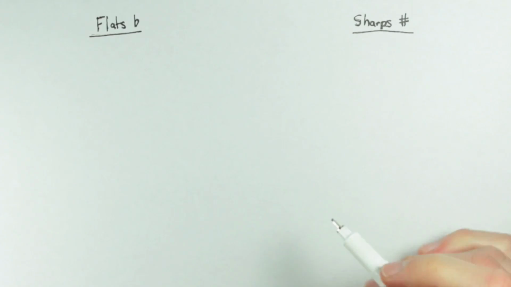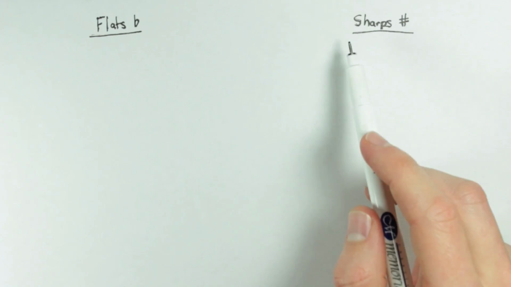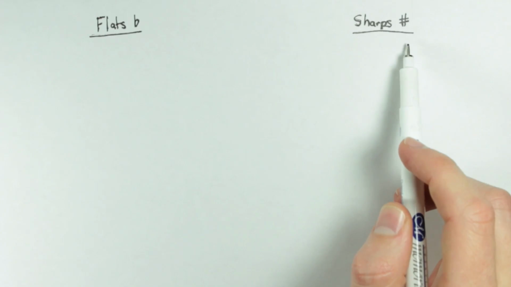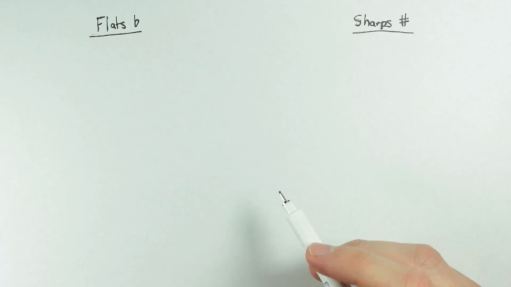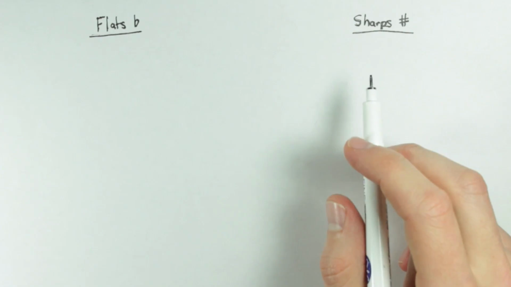So the first thing that we need to remember is the order of sharps and then the order of flats. There are two sentences that help us remember what the order is.